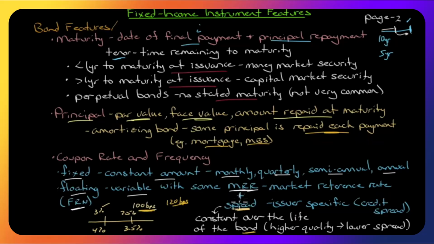The spread would still say 100 over the market reference rate, but to get the other 20 basis points, the price of the bond would have to drop such that the increase you get from what you pay to what it matures at offers you the other 20 basis points of return. So if the credit quality deteriorates while you're holding it, the spread part of the coupon will not change. The price will change to reflect lower quality. And this spread is issuer specific.